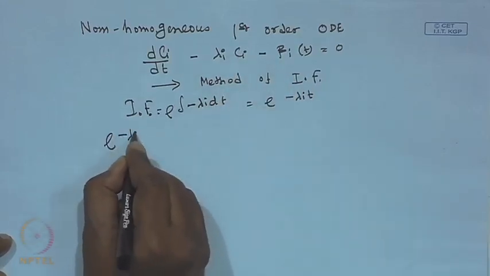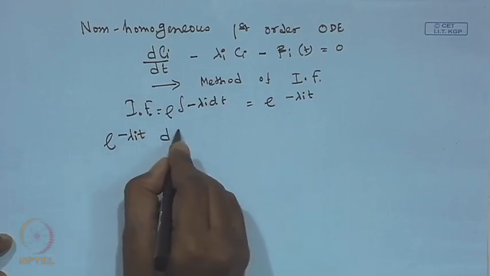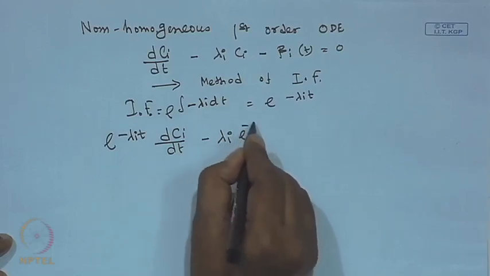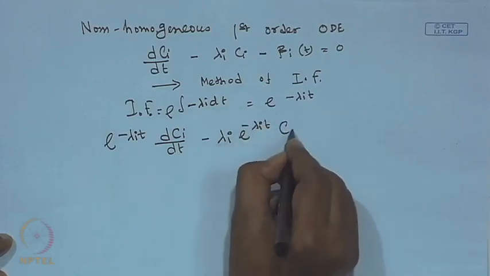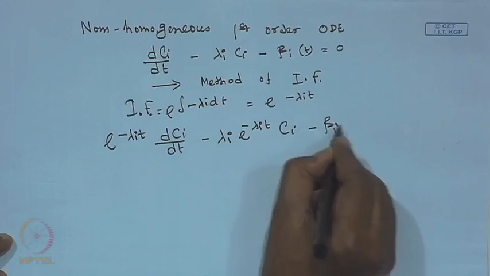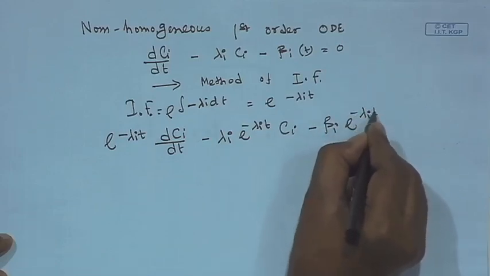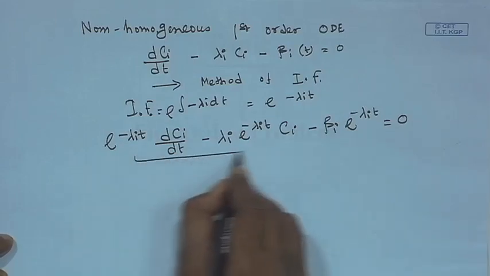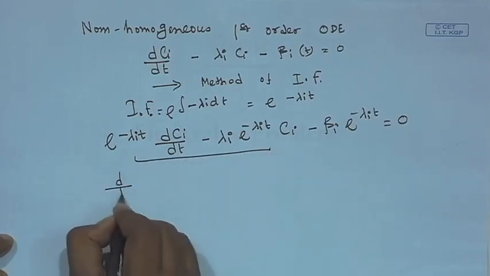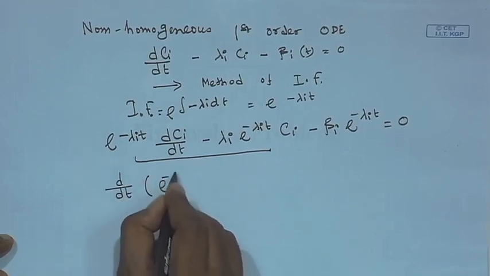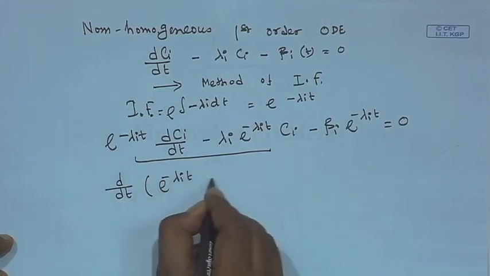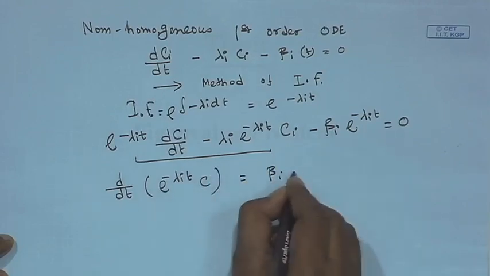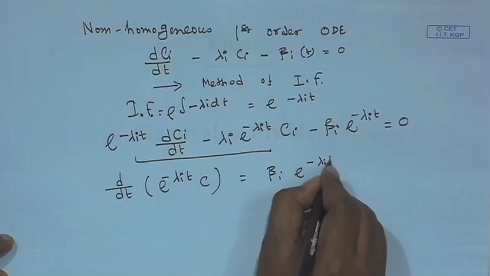So, this becomes e^(-lambda_i t) dc_i/dt minus lambda_i e^(-lambda_i t) c_i minus beta_i e^(-lambda_i t) is equal to 0. So, we can combine these two parts. So, it will be d/dt of e^(-lambda_i t) times c_i is equal to beta_i e^(-lambda_i t).